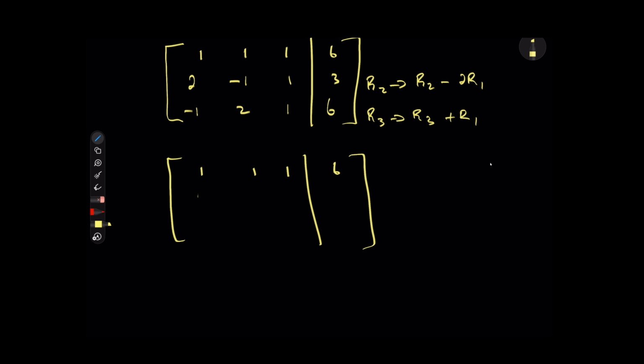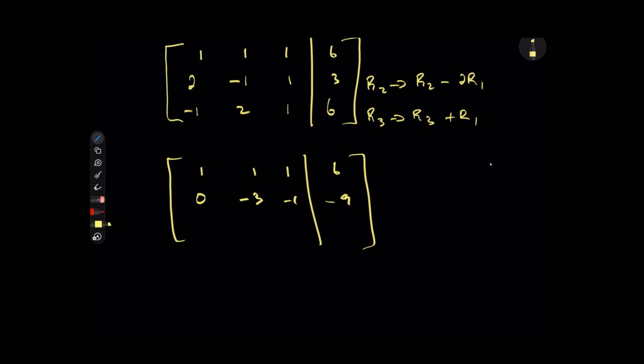So 2 minus 2 is 0. Negative 1 minus 2, that's negative 3. We have 1 minus 2, that's negative 1. 3 minus 12, sorry, 3 minus 6 times... that's negative 9. Is this correct so far?